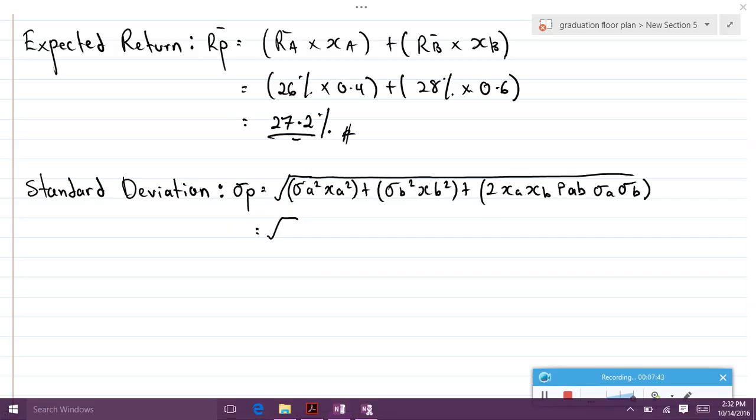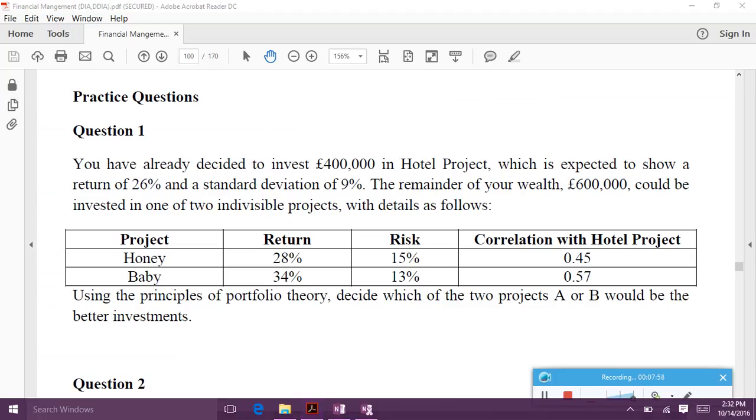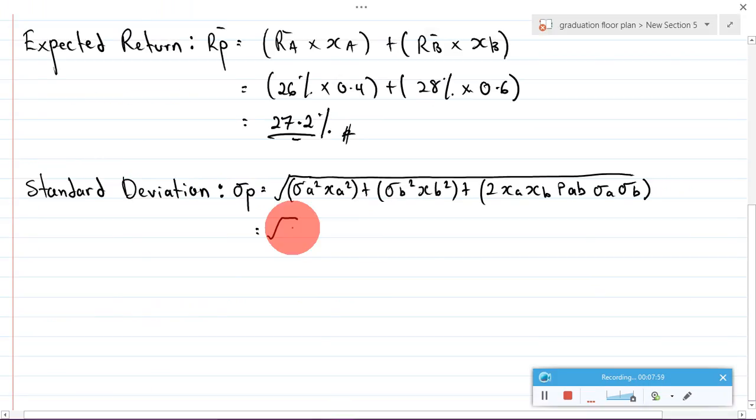So 9 squared times 0.4 squared plus 15 squared times 0.6 squared plus 2 times 0.4 times 0.6 times 0.45. 0.45 is from your question, the correlation, am I right? Times 9 times 15.